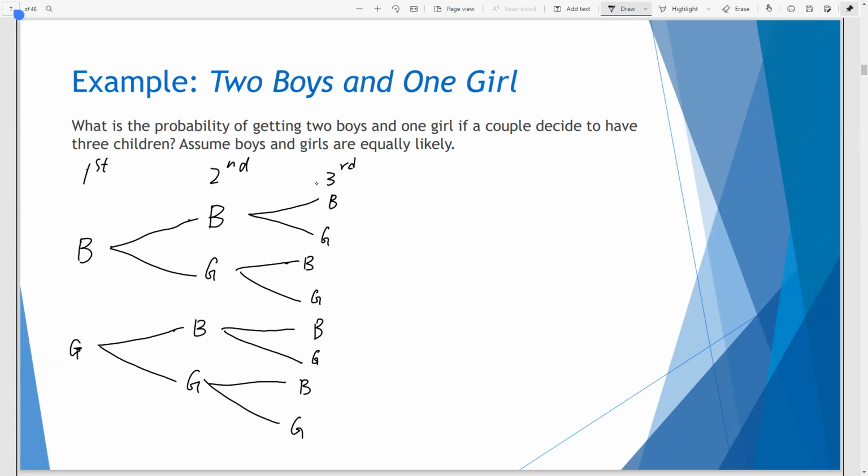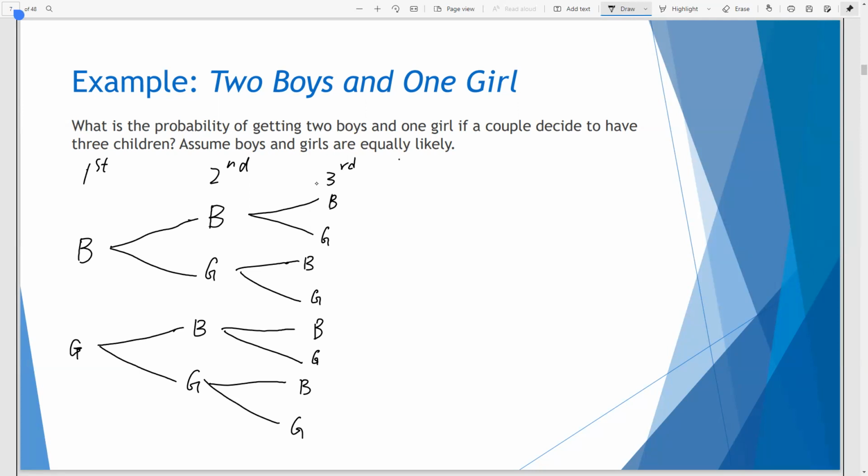So that's all the possible combinations we have, the possible groups we have. And the first, second, third are coming out in different order, and that matters, right? If the second is a girl, that is different than the third being a girl and the other two being boys. That's very different.